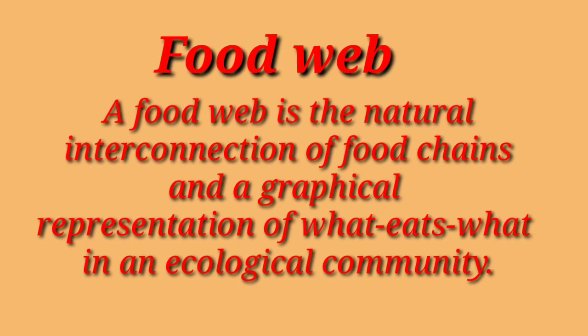Understood, children? So, what is a food web? A food web is the natural interconnection of food chains and a graphical representation of what eats what in an ecological community.